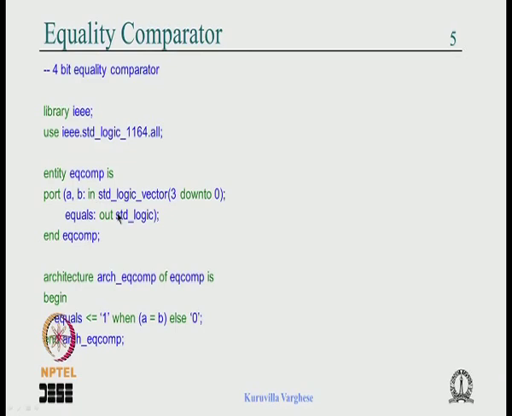There has to be clarity about the direction of the port. When you say in, it means that it is an input. It cannot be treated as an output, that means when you write an assignment, like here we are writing the assignment equals gets 1 when A equal to B, A and B are the inputs.